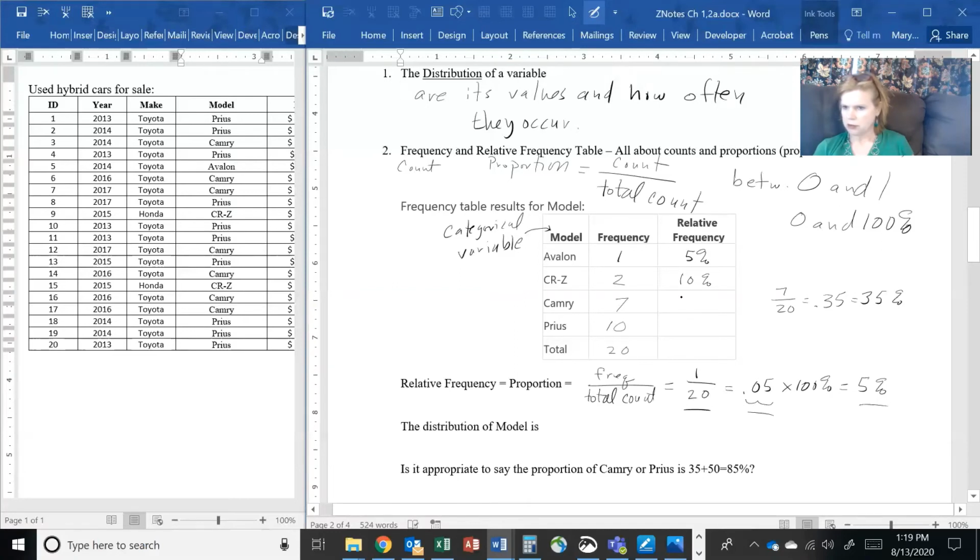So this will be 35%. 10 over 20, that's half, so that's 50%. All right. So when I add all these together, what are my relative frequencies going to add to? Before you actually add them, think about that. So if I add all these, they add to 20. So I'm dividing all of these by 20 to get to here. So 20 over 20, that's 1. So when these are all added up, they're going to be 1 or 100%.